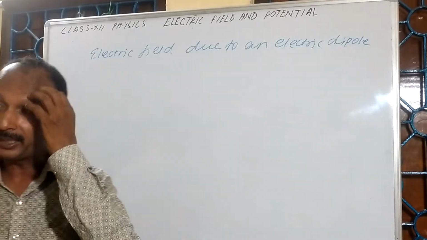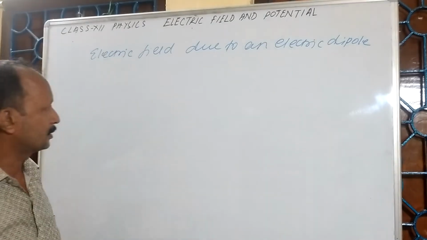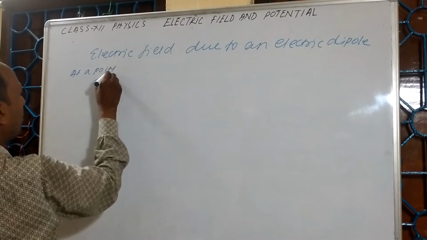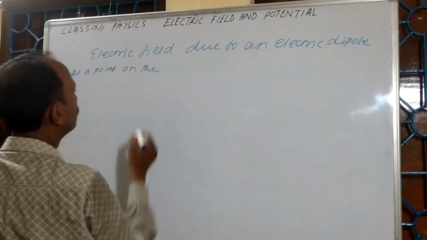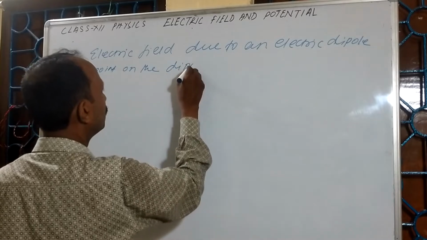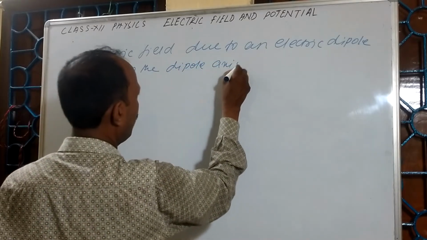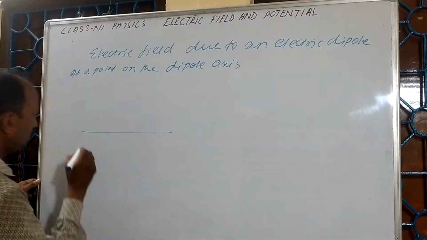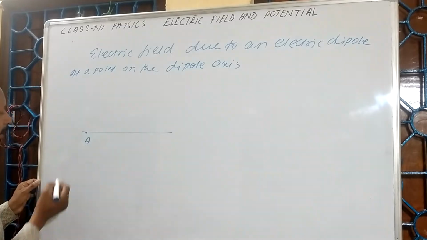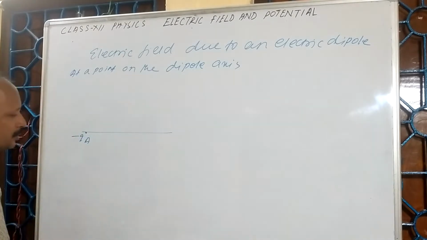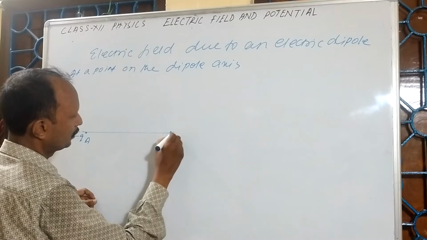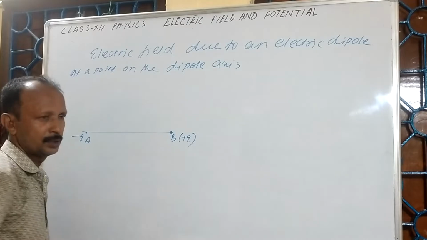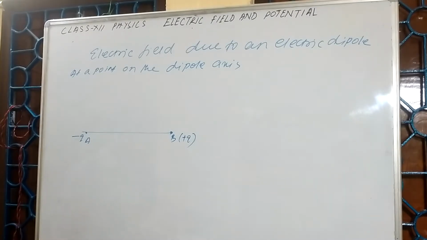So now taking a point on the dipole axis. Suppose A is the point where the charge is minus q, B is the point where the charge is plus q.